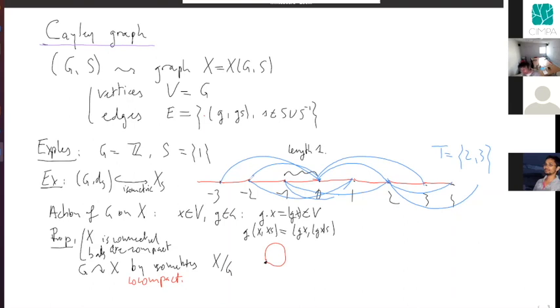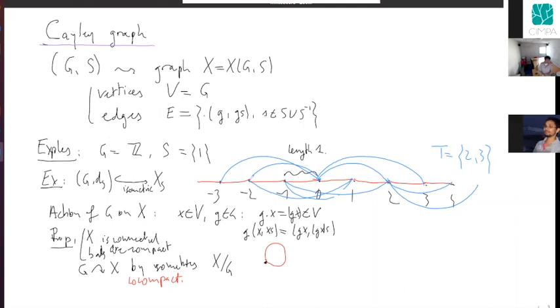This is important because if each time you pick a generating set you have something different, then you might prove something that only depends on the generating set, and this is not what we want to do in geometric group theory. What we want is to apply geometric methods to understand the algebraic structure of the whole group, not of the group with a generating set. Do you have questions at this stage?